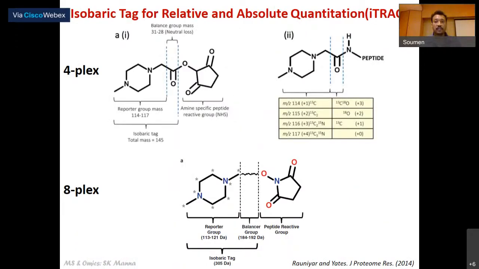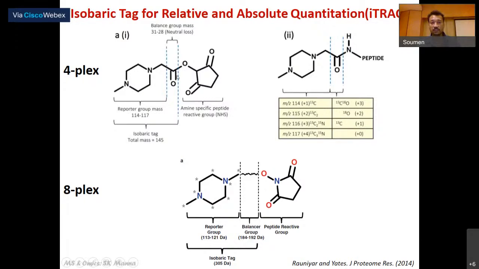In case of iTRAQ, you have this kind of a moiety, and these are the places where you can have 4 different 13C, or you can also change 15N. So by adding whether you have 2 13C, 1 13C, or 13C plus 15N, you can have 4 different masses.